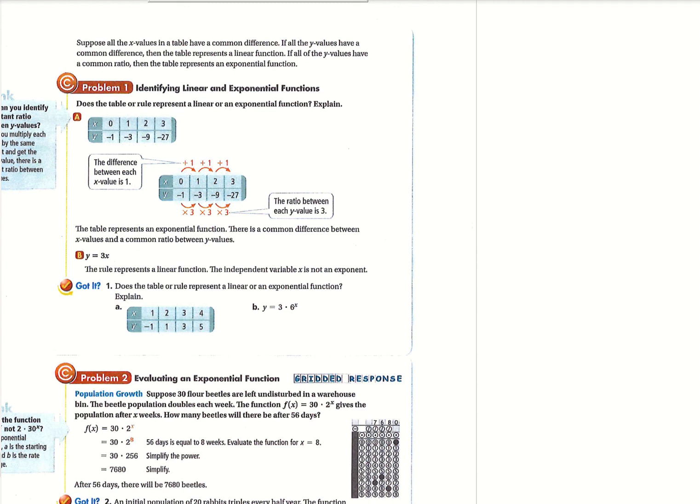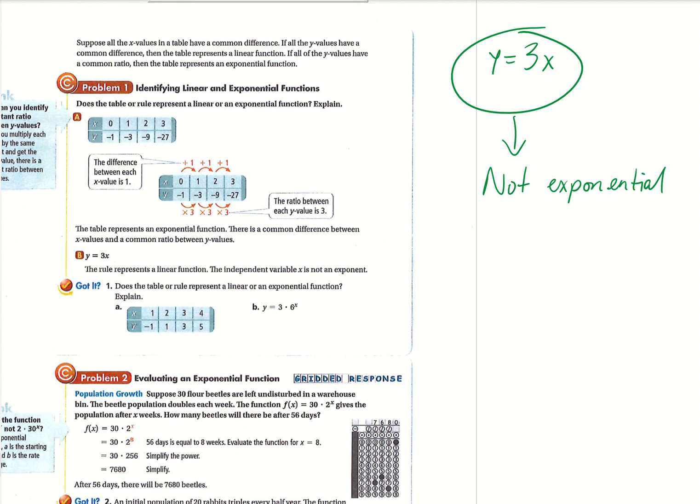Now if we look at problem B, we've got y equals 3x. Whenever we're looking at a rule or an equation, it's really easy to tell whether or not it's exponential. If it doesn't have an exponent, then it is not exponential. That's one great way to be able to tell.